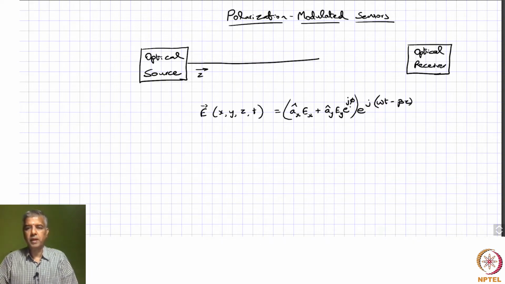There could be a difference in phase between the two components, and that's what we are denoting by e power j phi. That can describe the polarization of the wave. It could be oriented in the x direction or in the y direction or somewhere in between, and it might have a phase difference relative to each other.